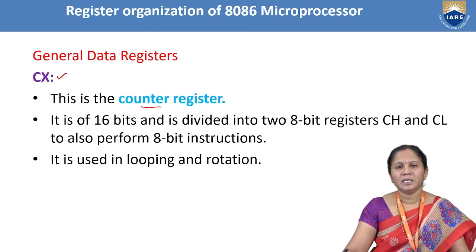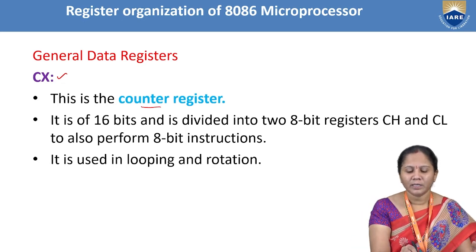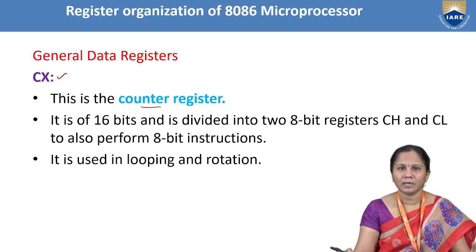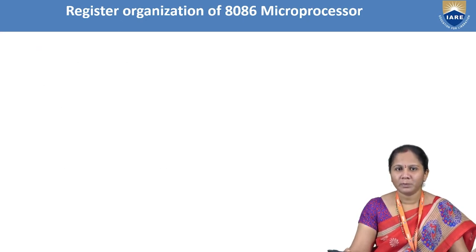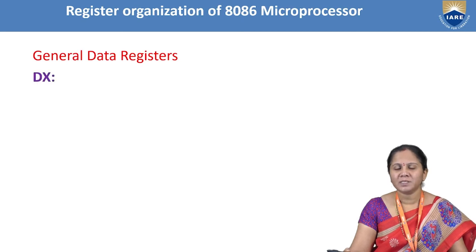So when this CX instruction can be used, so CX register, we know that it is called a counter register. So generally, we have to give input the count value in CX register. So which represents how many times the loop should be repeated or how many times the shifting operation should be performed, how many times the register should be incremented. Okay, so the count value should be given with the help of this CX register.